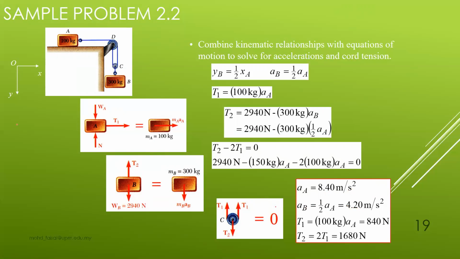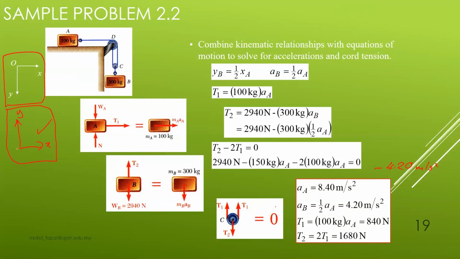What happens is, let's say at the beginning you do it like this. Instead of using this coordinate system, you use this one, because sometimes you don't know which one is better. No problem. When you use this one, the value that you will get here for aB, instead of positive, you will get minus 4.20 meter per second squared.